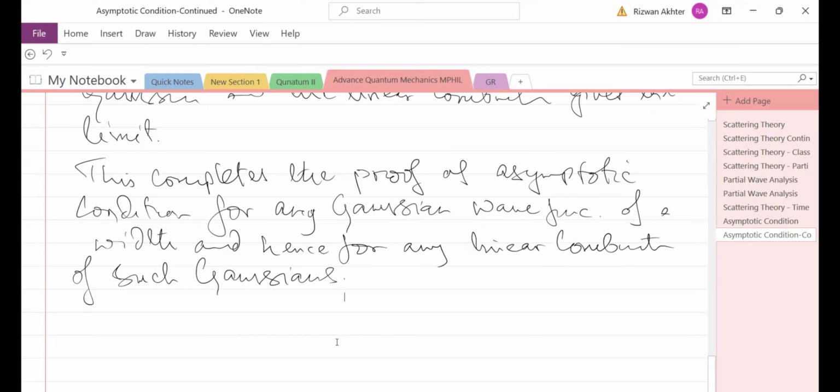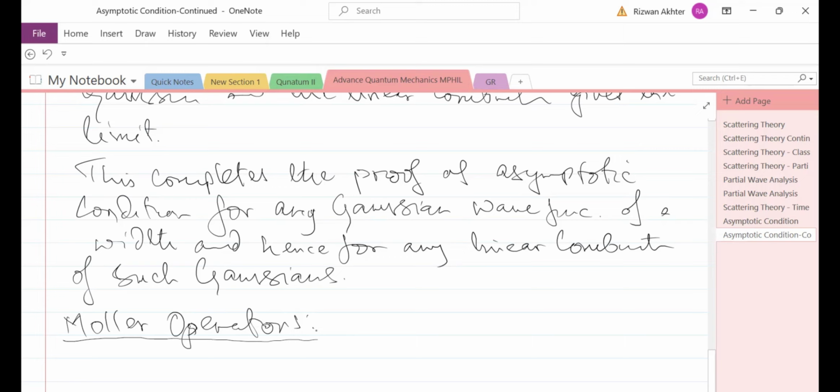Now, next we talk about, because we want to measure the scattering, or the scattering amplitude, we define a quantity which is known as the Møller operators. So what are Møller operators? They are basically derived from this limiting condition.